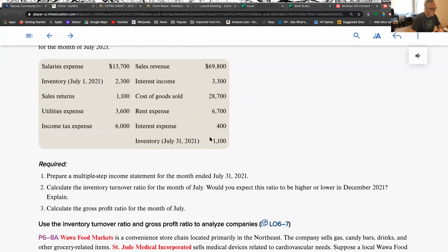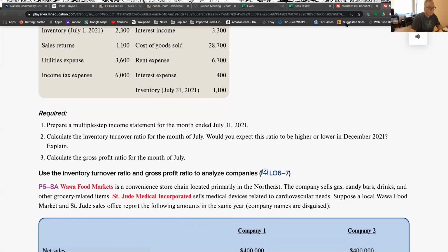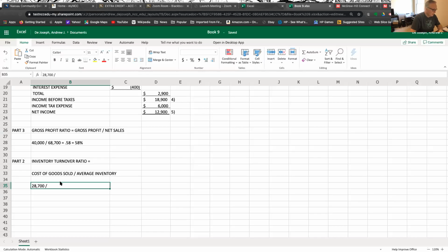So what I have to do is average these two numbers. How do I average these two numbers? Well, I add them together and divide by 2. So I'm going to take 2,300 plus 1,100, which is equal to what? 3,400.